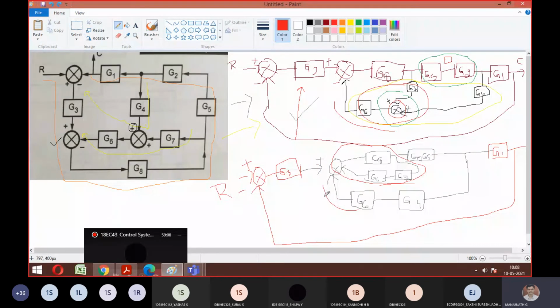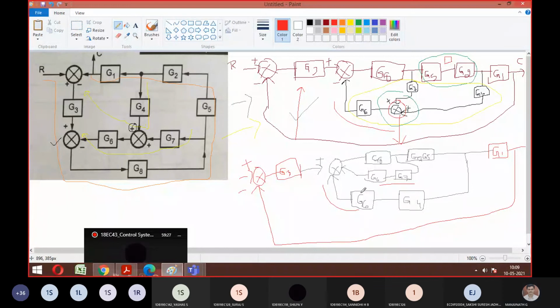Is the first step, the elimination of this summing point into two ways, clear? Is this point that I showed okay for everyone? G6 having a summing point with connections to G7 and G4, that we have split. Split means G7, G4 is one category, G6, G7 is one category, and both are connected to the summing point. Is it okay for everyone?